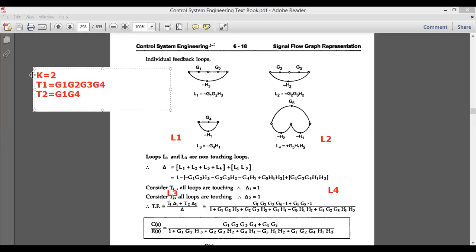Okay, so we have the L1. Let us write that L1 so that it makes it simple for the comparison. L1 is minus of G1, G2 and H3.